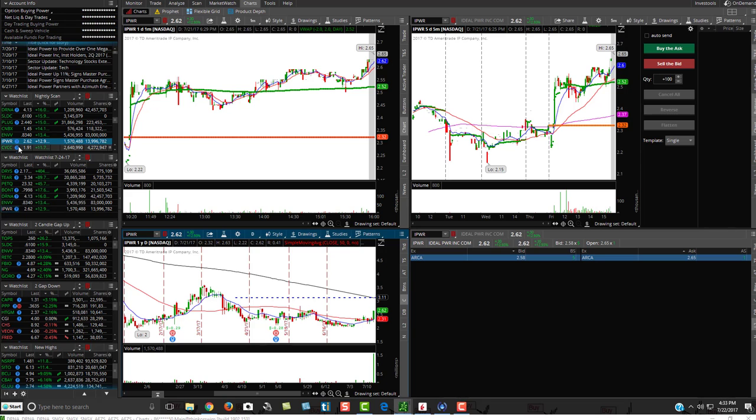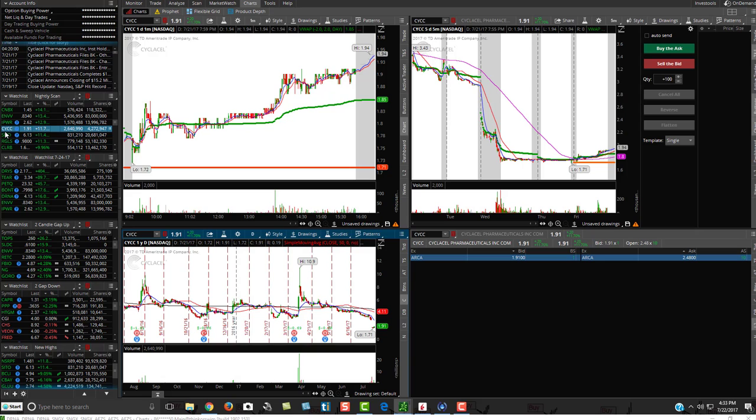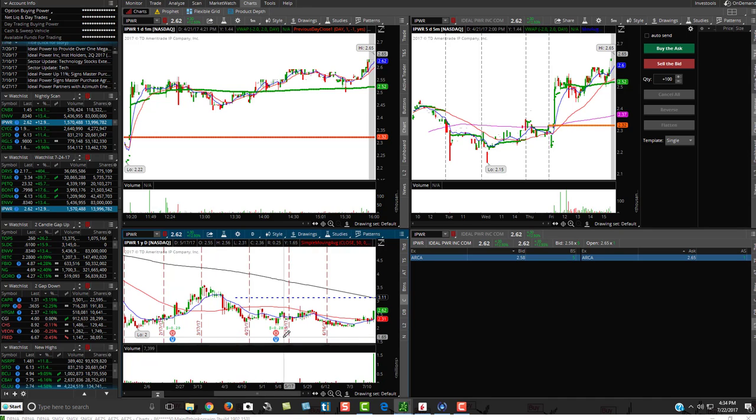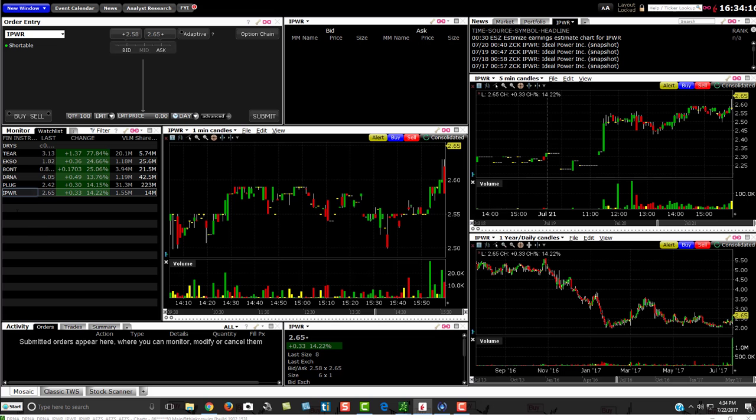And let's take a look at CYCC. I'm actually going to put this one... I might put that one on my multiple one, IPWR, just because I think there is availability to short if it does pull back.